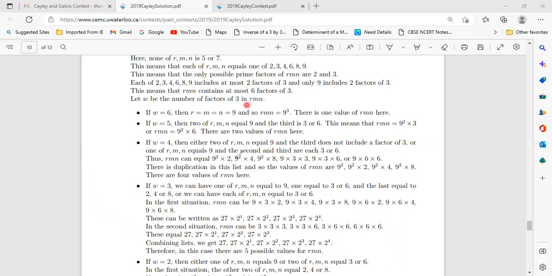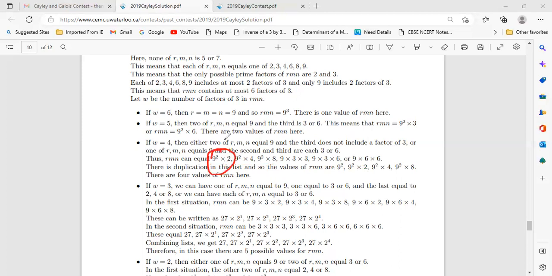So if you multiply and check, this is 1, this is 2, and this one is 3. Let me write the values here.